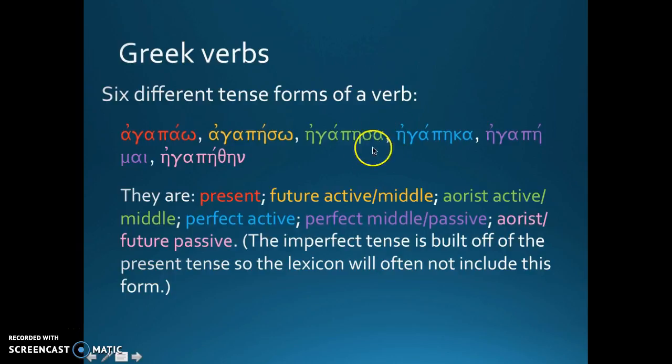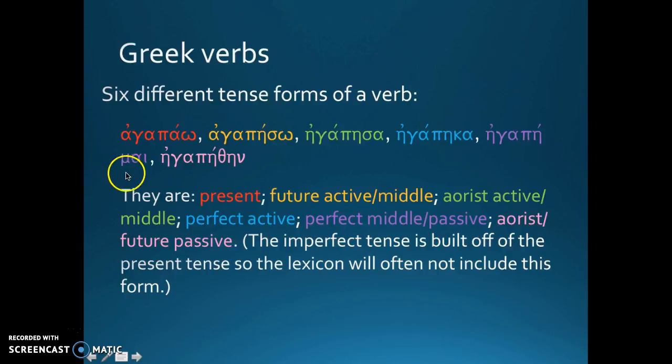Sometimes the endings, the infixes are changing. So all of those affixes are showing us a different form of the verb. So again, agapao, the first one was present tense, future tense, agapeso, aorist tense, agapesa, perfect tense, agapeka. This happens to be perfect active when a kappa alpha is added on the end.